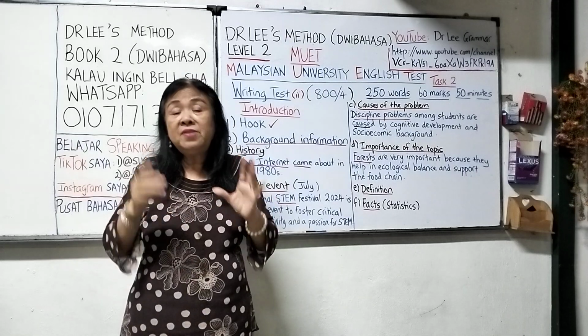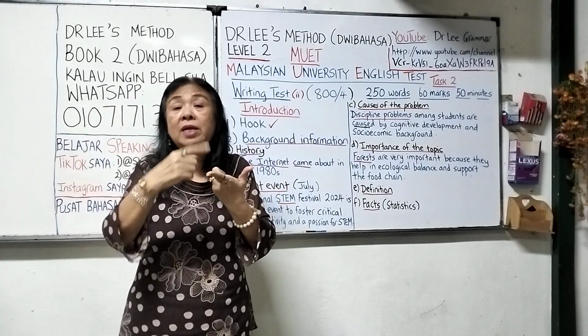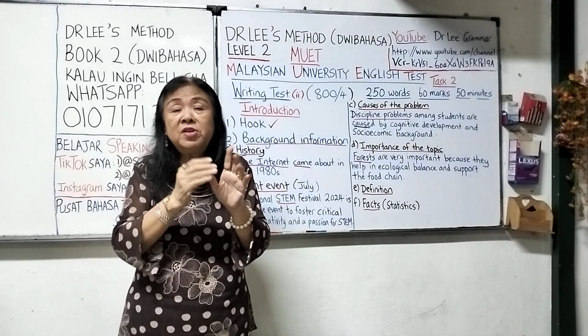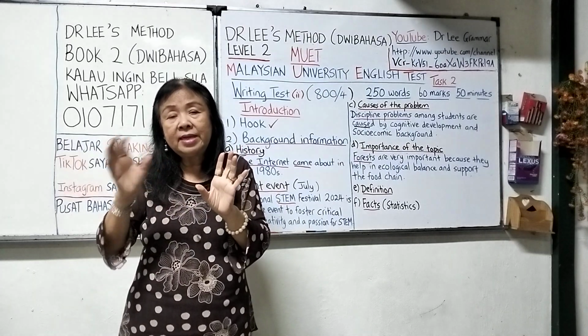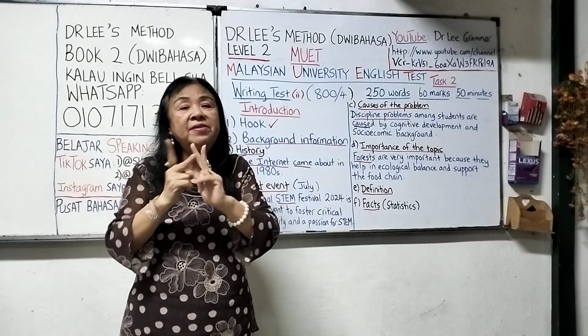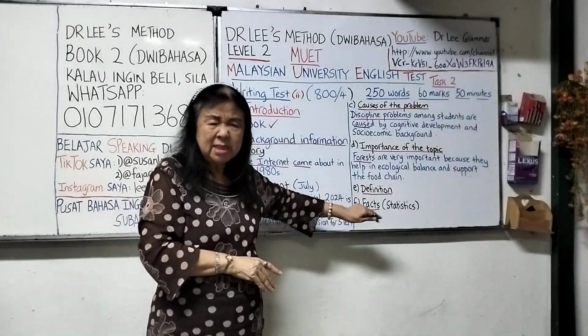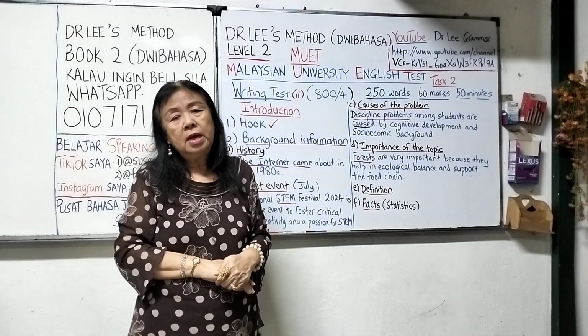So in that situation, if it's not an argumentative essay, you start with the definition. You can give two, one definition and one supporting sentence to support the definition, or just one definition sentence, and directly you can go to the thesis statement. Same as this one, facts.